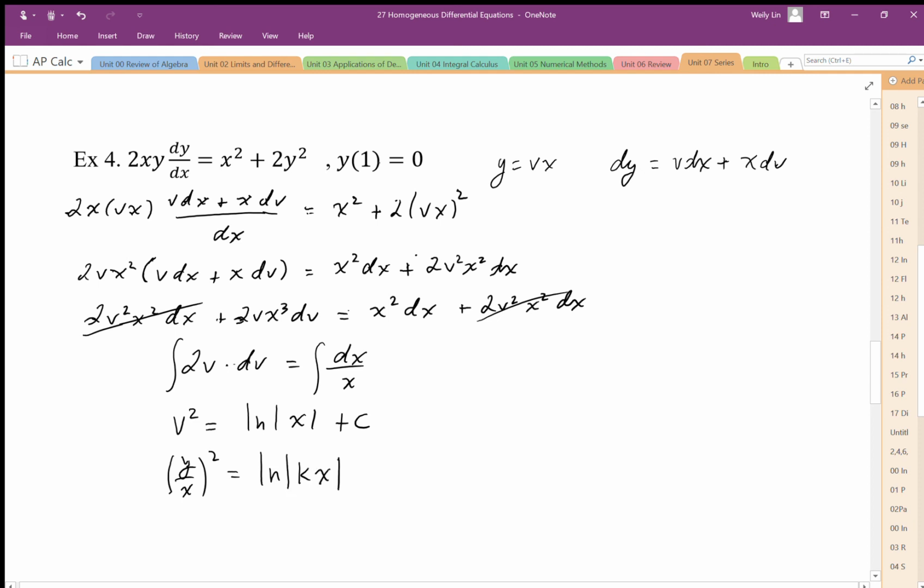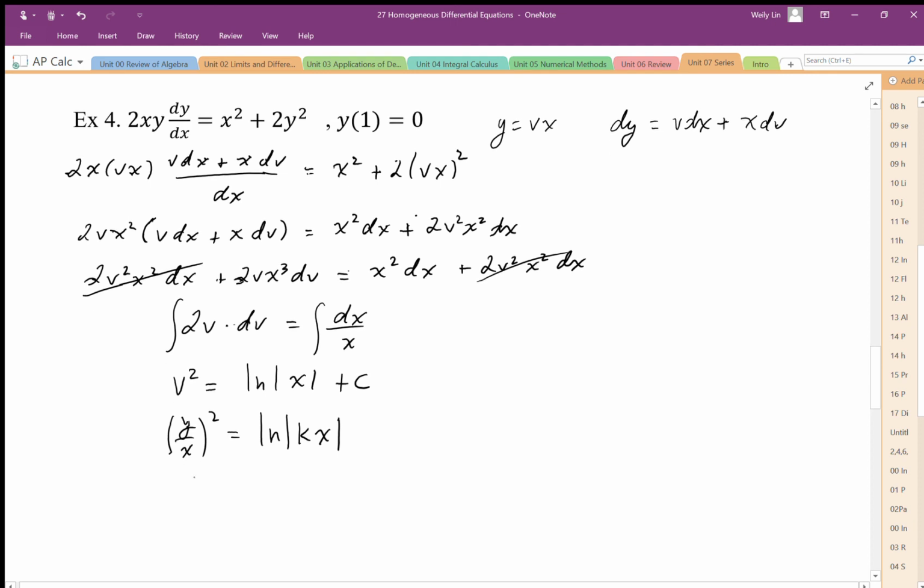Plugging in my x and y, so x is 1, y is 0. So I'm going to end up with 0 on this side. That's equal to log of k times x is 1. So log k, so k is going to be equal to log of 1 is equal to 0, so k is equal to 1.